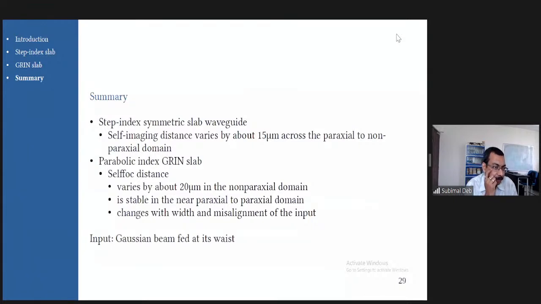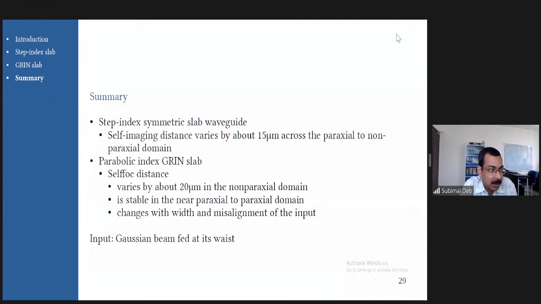For the rest of the domain, you find that the self-focusing distance is quite stable as long as you are feeding in the input centrally. And finally, we have also looked at the effect of misalignment.